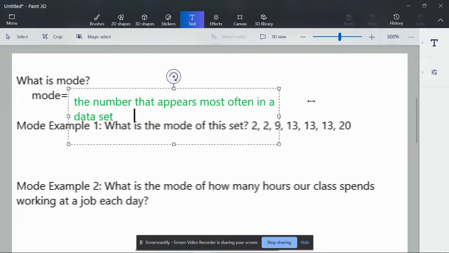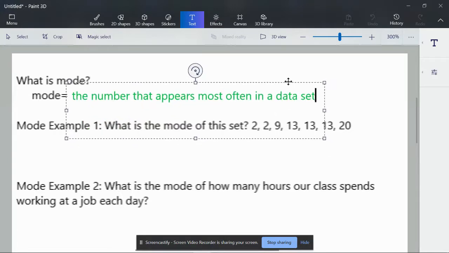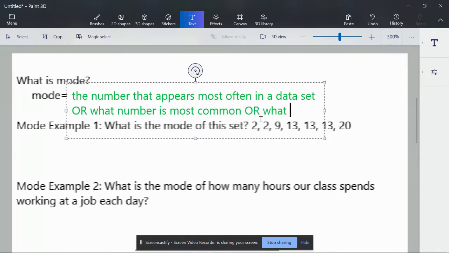So remember, a data set is just a list of numbers, sometimes generated from an experiment or something like that. And mode is what number appears most often. You can also think of it as what number is most common or what number is repeated the most.